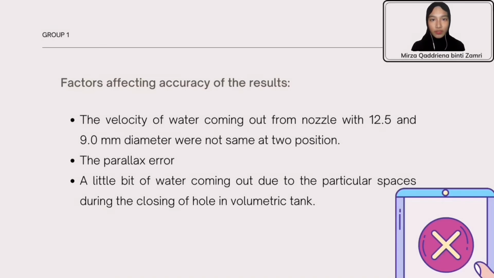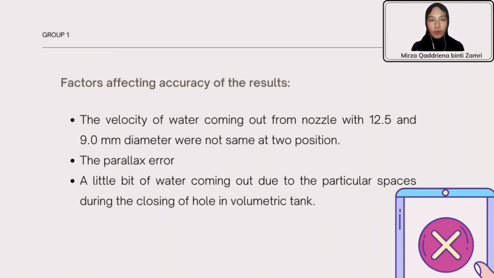There were some factors affecting the accuracy of the result. When the experiment began, the velocity of water coming out from the nozzles with 12.5 and 9.0 millimeter diameter was not the same at the two positions, which caused the vortex to not be in the center position and made it harder to measure the vortex using the profile measuring gauge.